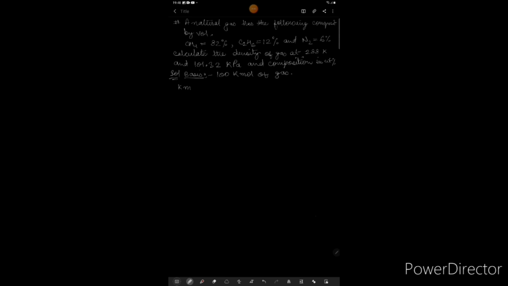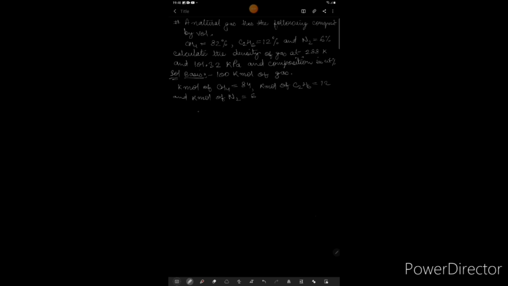Kilomole of CH4 equal to 82, kilomole of C2H6 is equal to 12, and kilomole of N2 equal to 6.